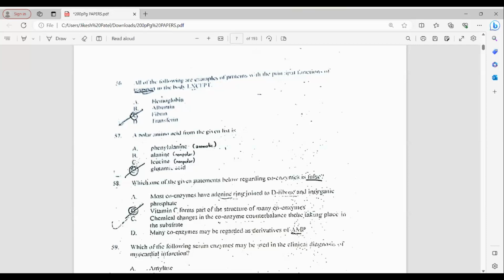So from that alone, A and D we assume are true, because there is a nucleotide moiety somewhere, adenine, AMP. From elimination, we didn't mention vitamin C anywhere, but we mentioned that most coenzymes are nucleotide derived.